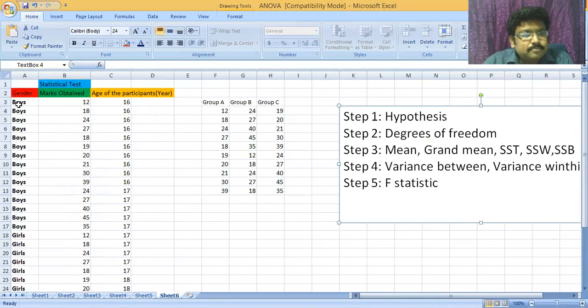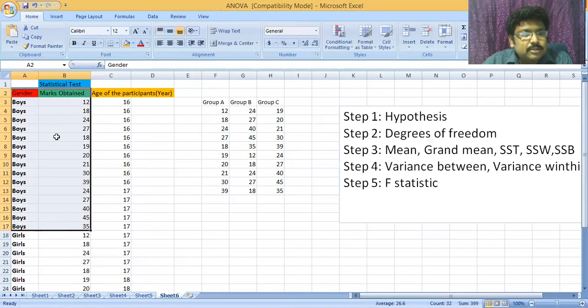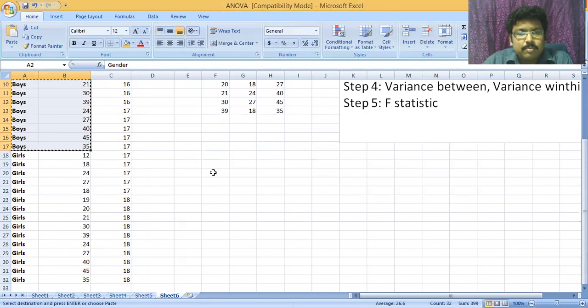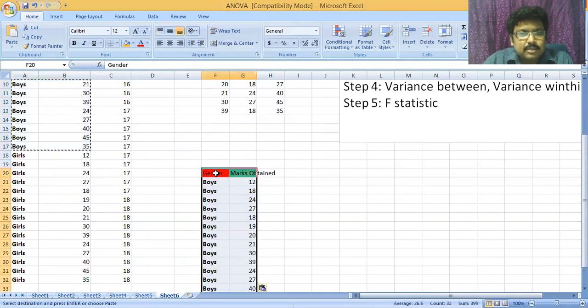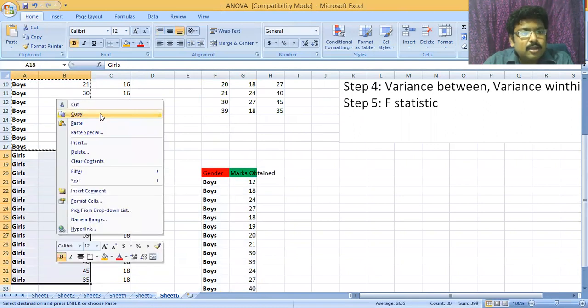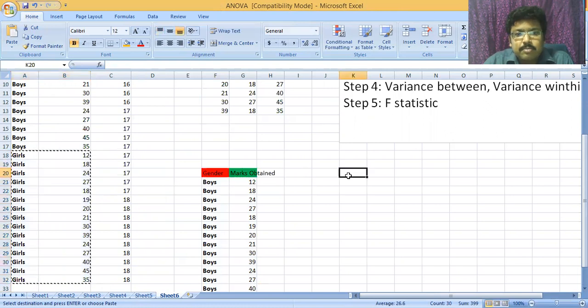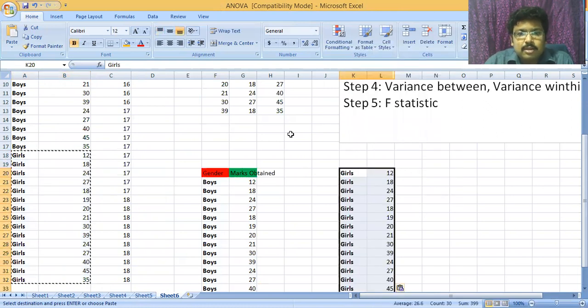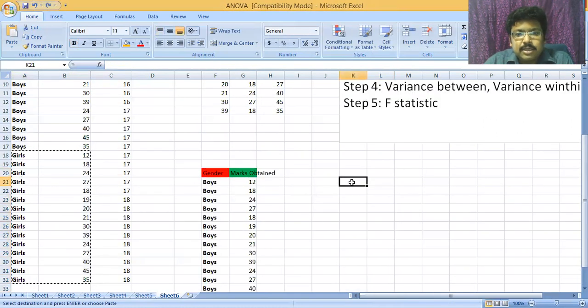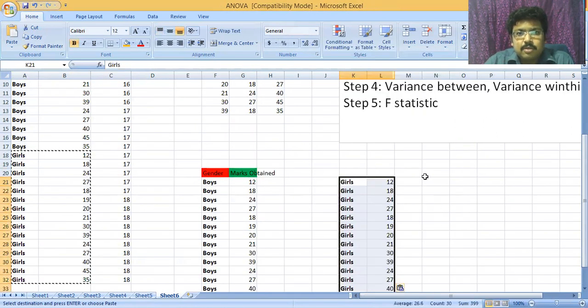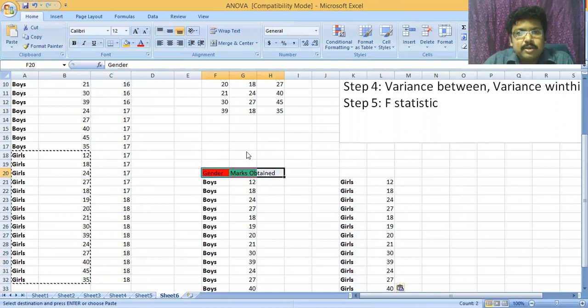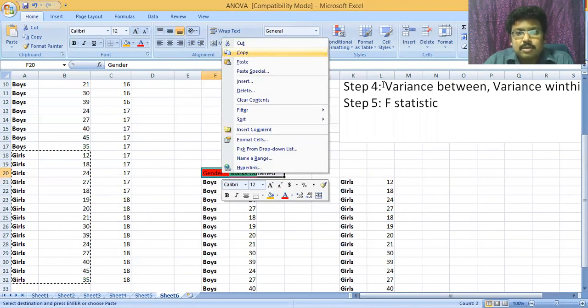This is the boys, marks obtained. Paste. Now this is the girls, marks obtained. Copy, and now I am pasting here. Paste. This is the marks obtained. Copy here and paste. Clear?